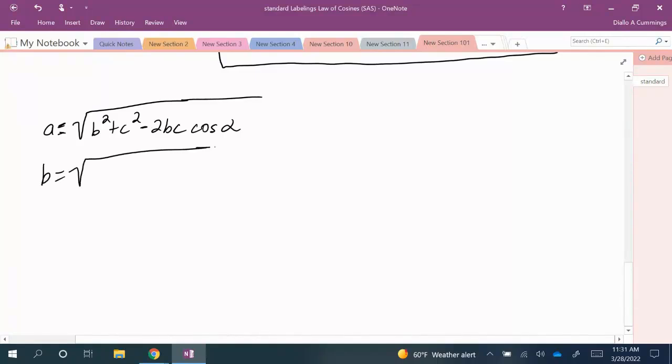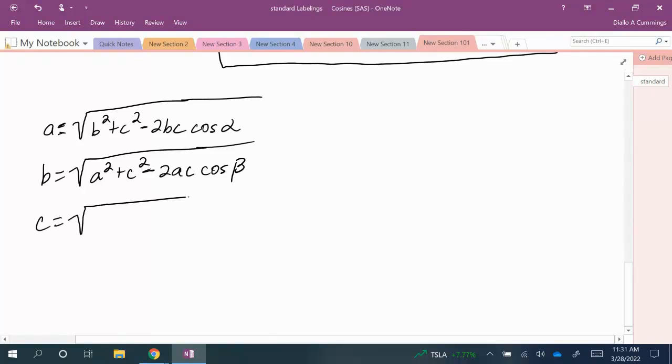B is equal to the square root of A squared plus C squared minus 2AC times the cosine of beta. C is equal to the square root of A squared plus B squared minus 2AB times the cosine of gamma.